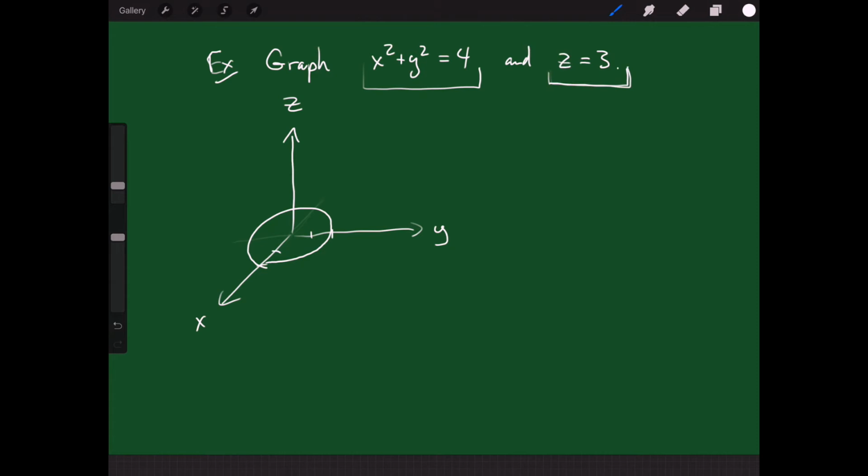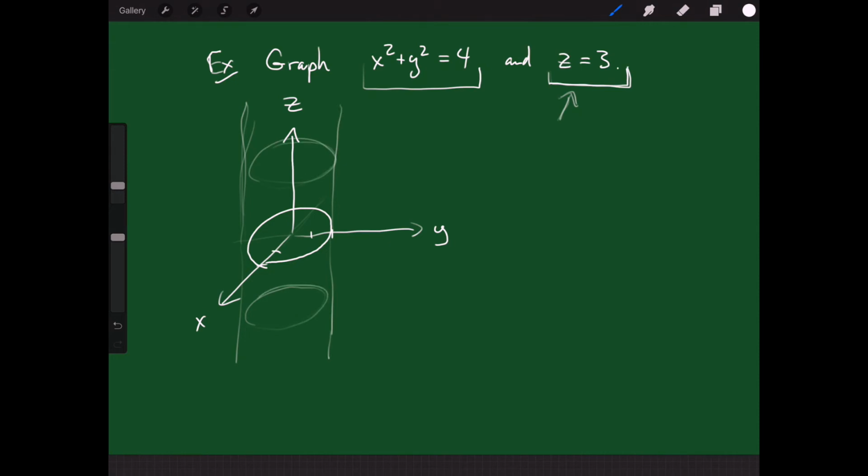And if I didn't have this additional z equals 3, if I didn't have this additional equation over here, then this would just be an infinite cylinder going up and down in both directions, where every cross section of this thing would be a circle of radius 2.